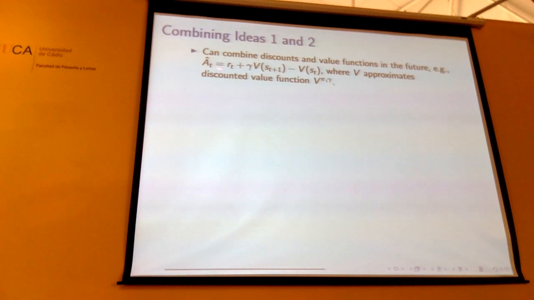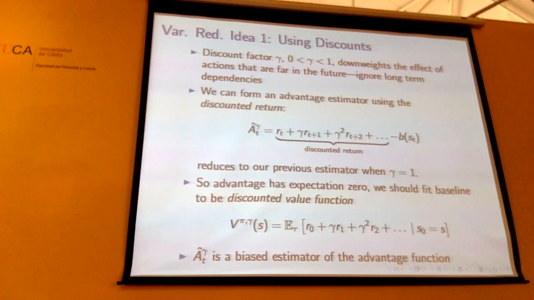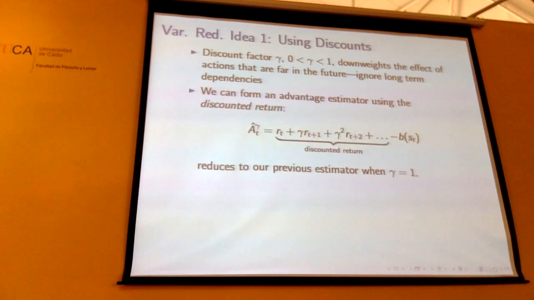And this formula will be an approximation of this discounted advantage function. If you consider this formula and now you want to cut off all the future rewards, you can replace this sum of all rewards starting at t plus 1 with the value function.